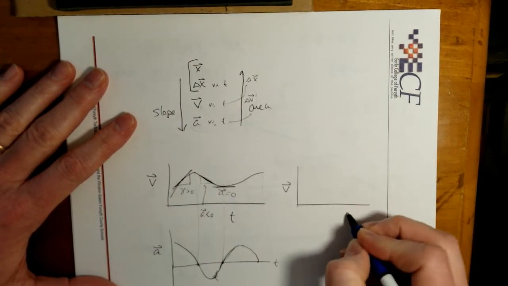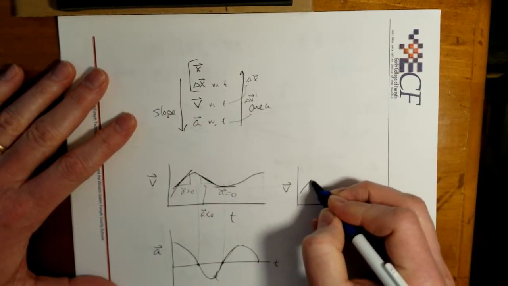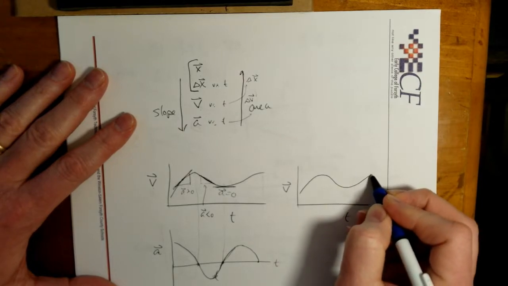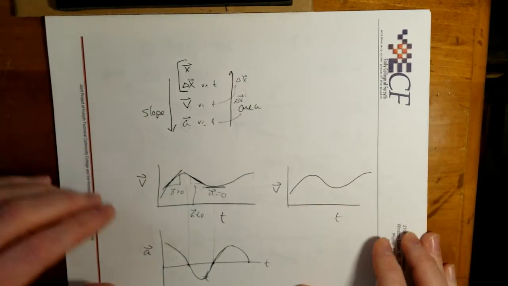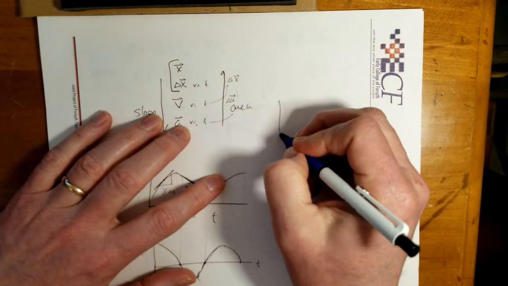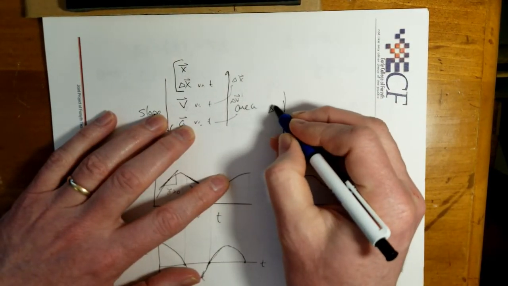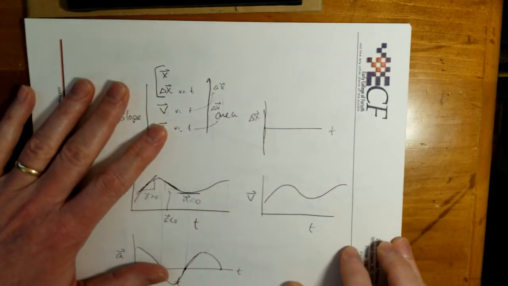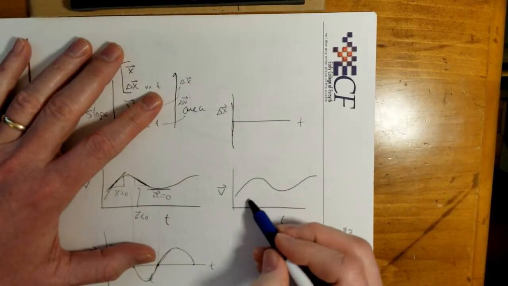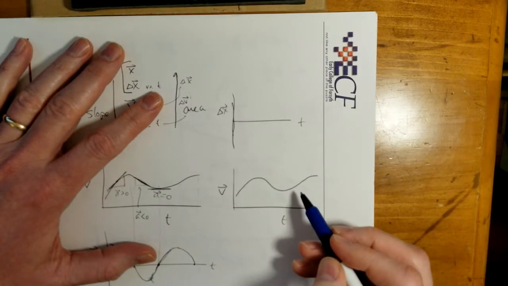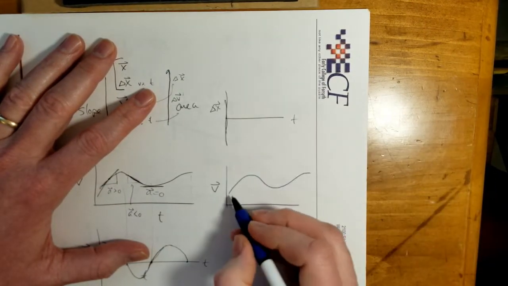Now, if I went the other direction and did displacement versus time, let me just draw my velocity versus time graph again here, at least somewhat. It kind of looks like that. And so remember that the area underneath is my displacement, so displacement versus time. Now, in this case, my velocity is positive the entire time, so displacement is never going to be negative, assuming I start at 0.